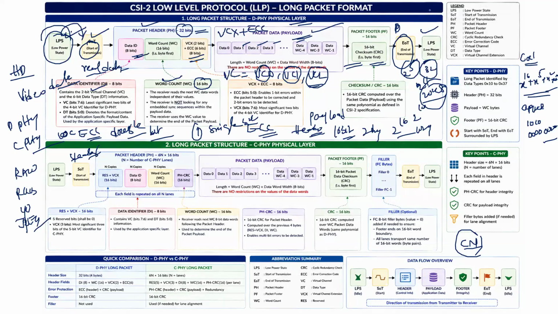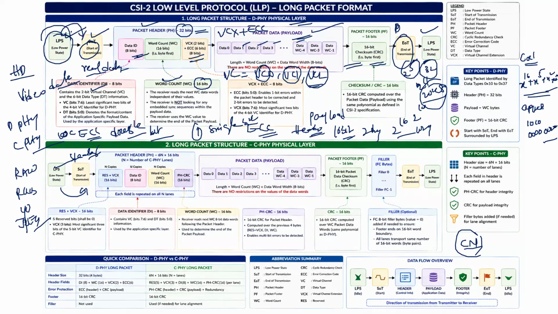That means lanes are returned to the LPS state, so that your power is saved. That is the main format we are explaining here. And the same thing for the long packet format in the C-PHY layer: LPS, that means low power states, and start of transmission, it is moving from low power states to the beginning of the data transmission.